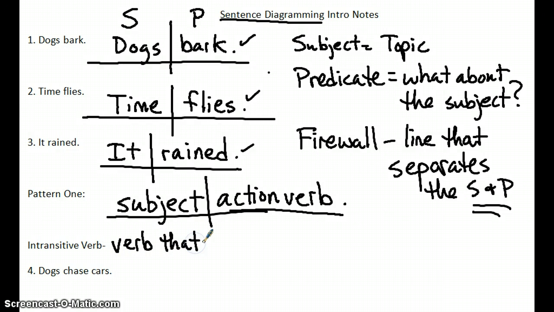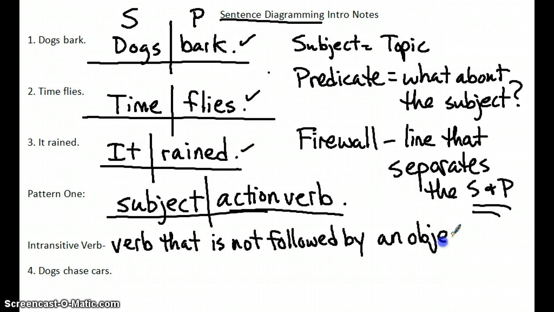An intransitive verb, whether it's bark, flies, or rain, is just a verb that is not followed by an object. And I'll explain what that is when we take a look at the next example. In other words, intransitive does not transfer the action from the subject to an object.